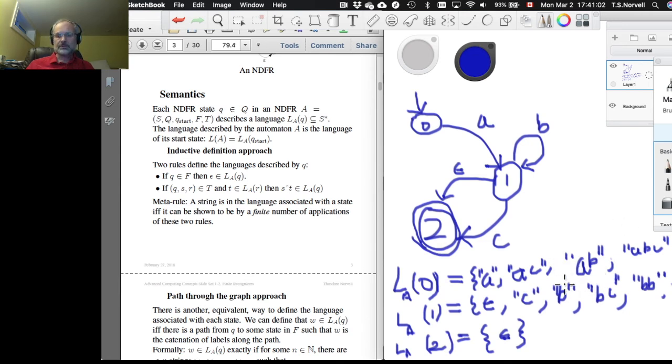So you can see that the language of, well, okay, the last thing we have is this meta rule, which is that a string is in a language only if we can show it using a finite number of applications of these two rules.